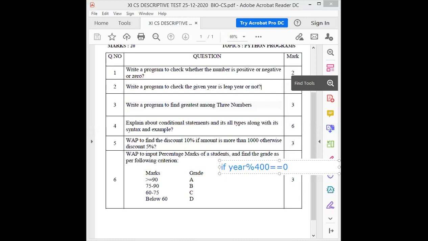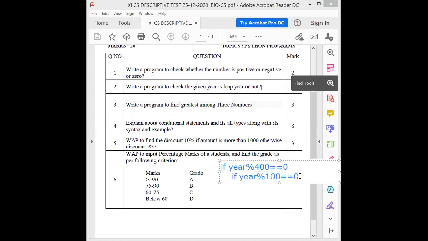And you should also check if any year is divisible by 100 and the remainder is 0, that is also a leap year. But any year should satisfy both these conditions: if a year is divisible by 100, it should also be divisible by 400.